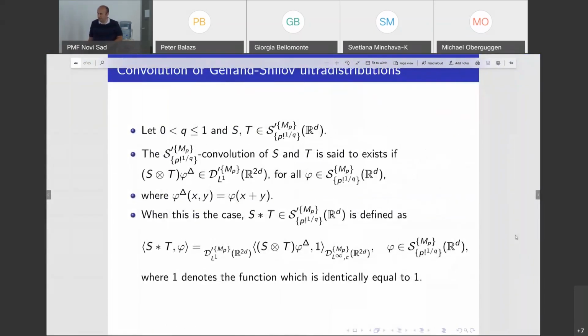And then we define this function in a really broad sense, applied to 1, where 1 is actually the constant function, in this space.